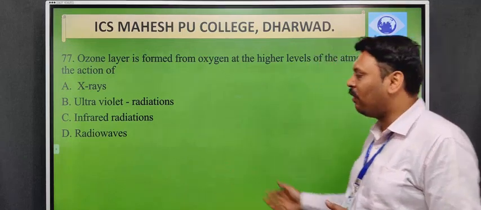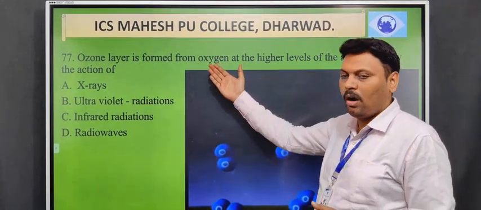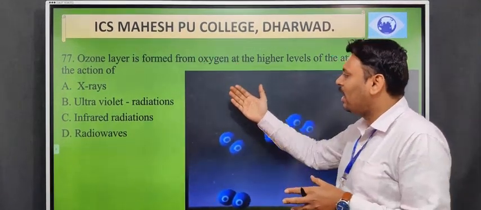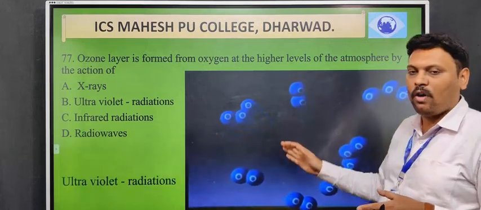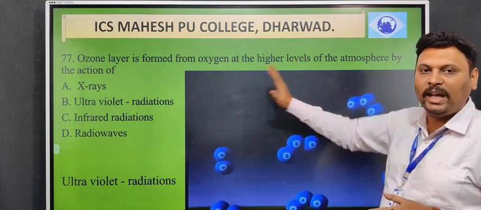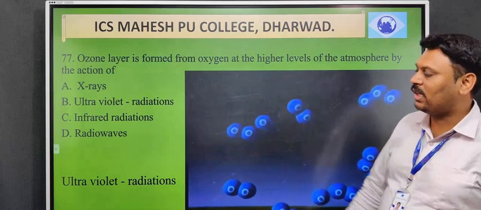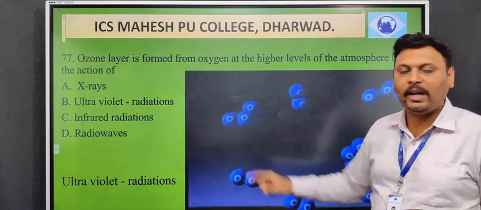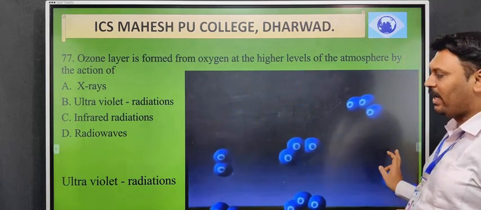The right answer for this one is that oxygen combines together when ultraviolet radiation falls on it, and this forms the ozone layer. It helps in the formation of the ozone layer. So the right answer is ultraviolet radiation.